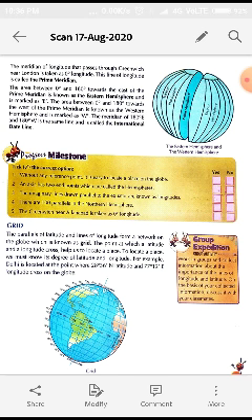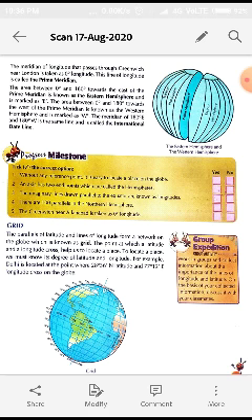To locate a place, we must know its degree of latitude and longitude. For example, Delhi is located at the point where 28 degree 36 minutes north latitude and 77 degree 12 minutes east longitude cross on the globe.